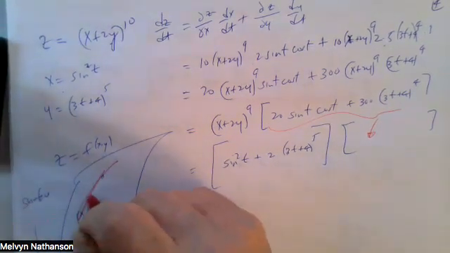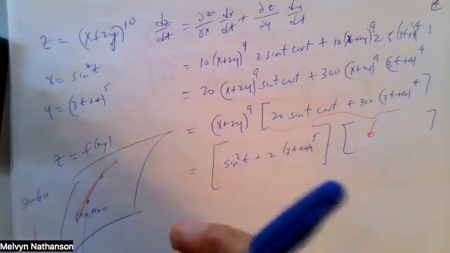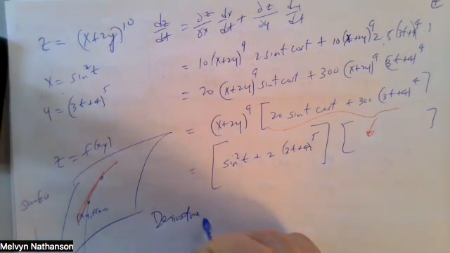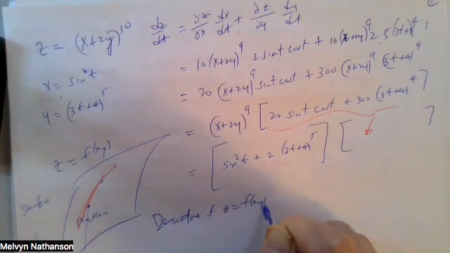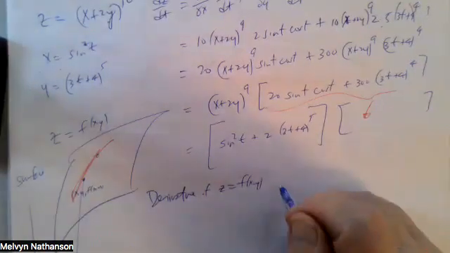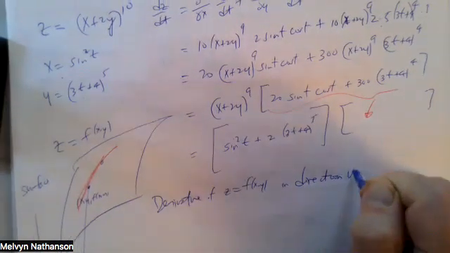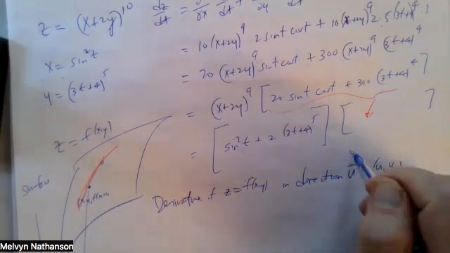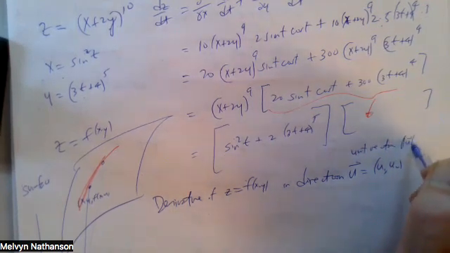And we want to know the directional derivative in the direction of u, which is a unit vector. That is, the length of u is 1.